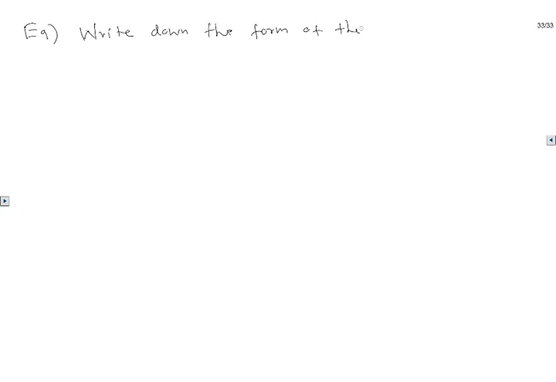So we're asking just for the form. So start with A. y double prime minus y prime minus 6y equal e to the 2x.